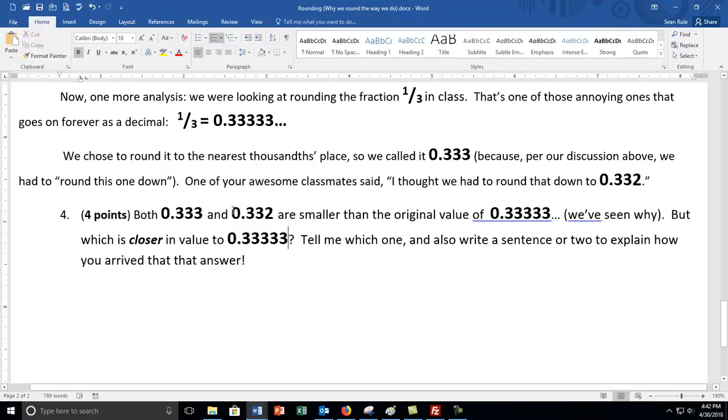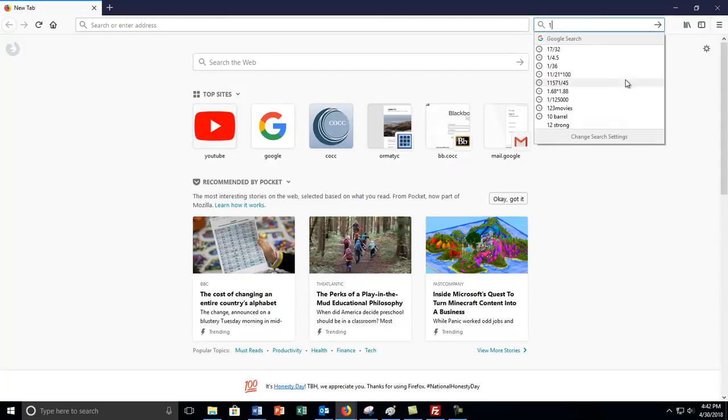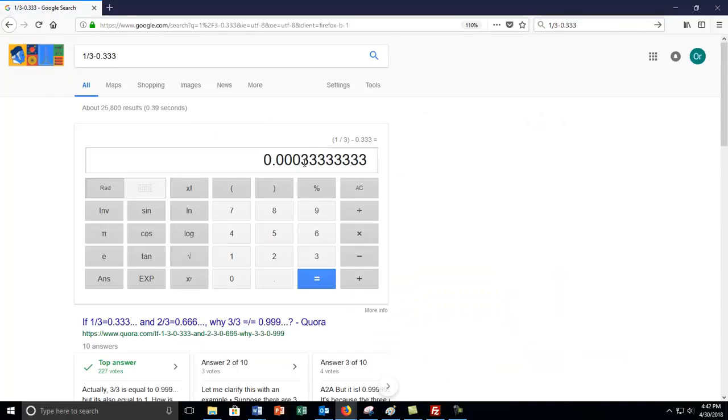So what you had to do was subtract these from 1/3 to see which one is closer. Instead of doing this with Paint, I'm just going to do it here. 1/3 minus 0.333. There's the difference if I take away the correctly rounded down value of 0.333 from 1/3.